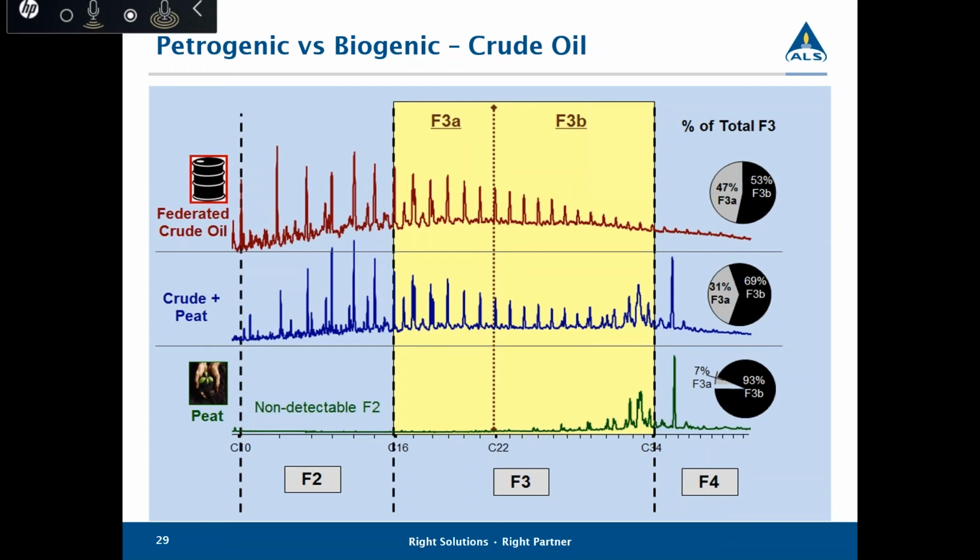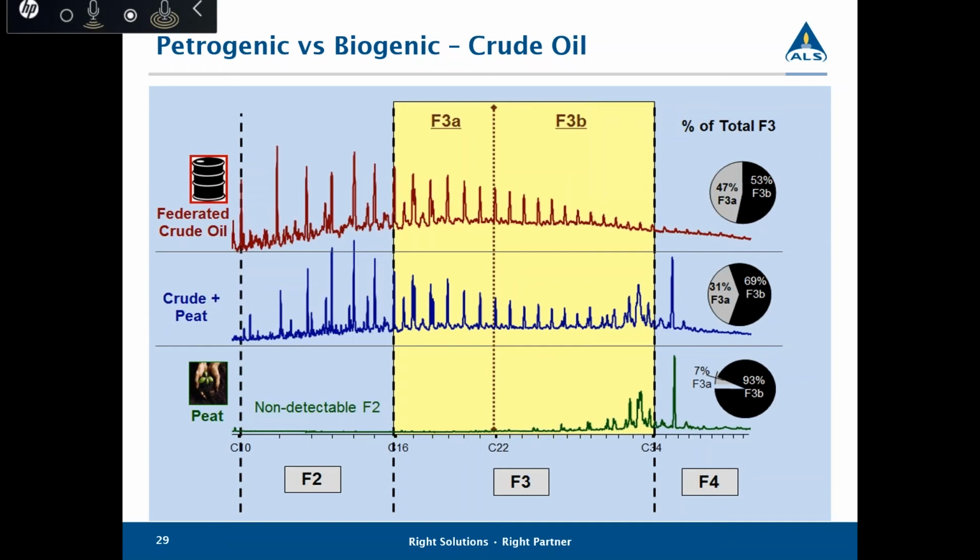It was determined that sometimes there is an exceedance for the results in the F3 fraction, which is not caused by the petrogenic compounds, but by the biogenic compounds.